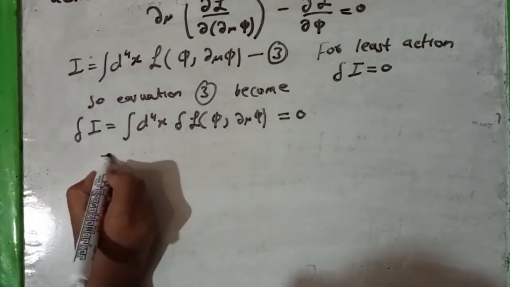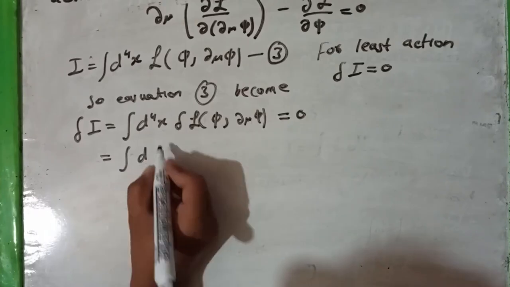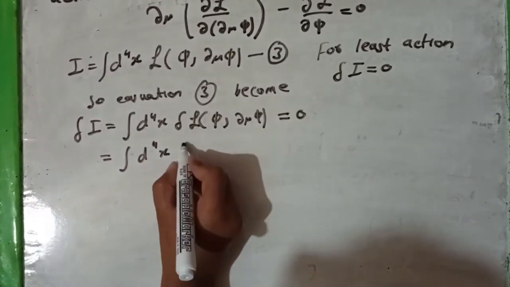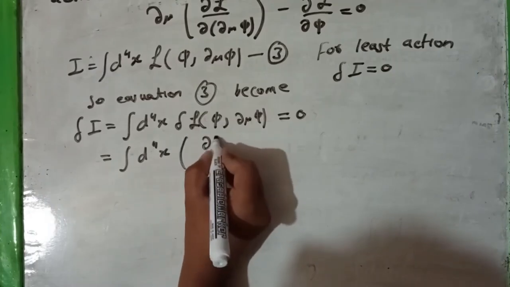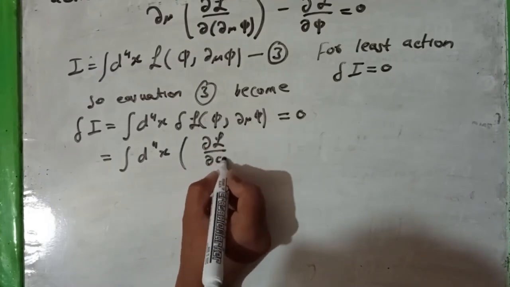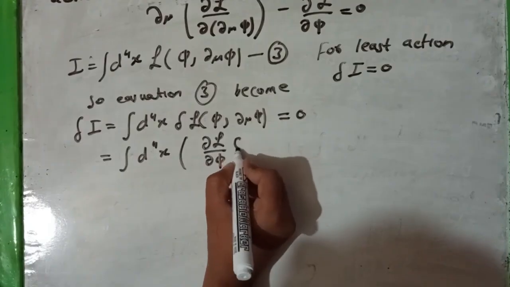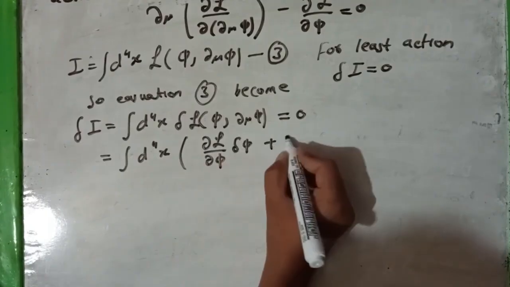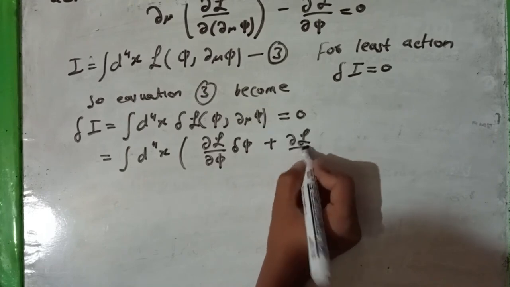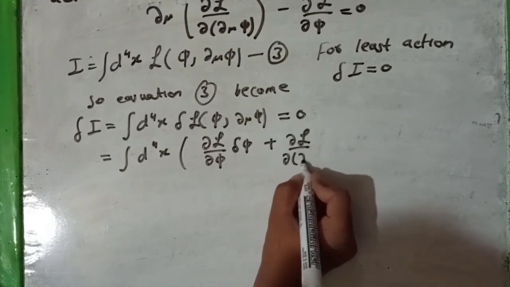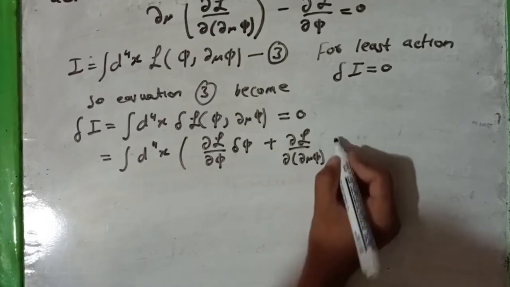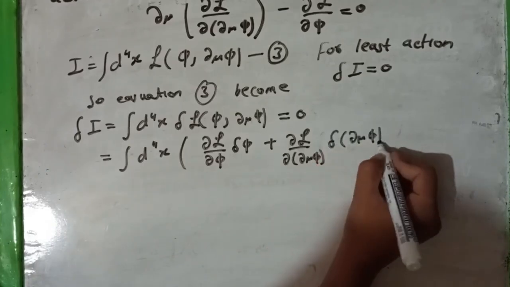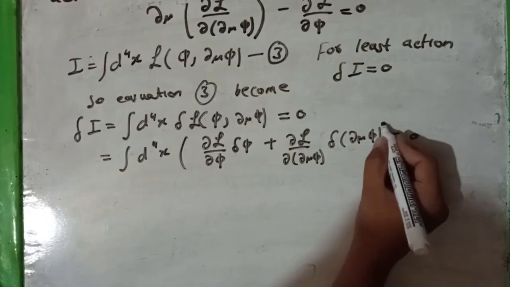So this becomes the integral d⁴x of ∂L/∂φ δφ plus ∂L/∂(∂_μ φ) δ(∂_μ φ), equal to 0.